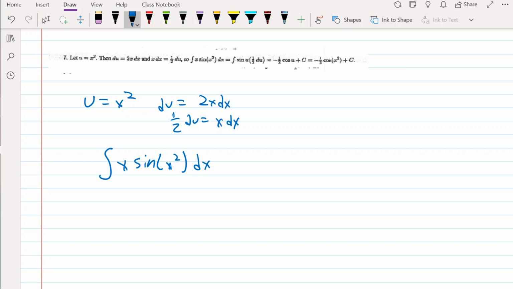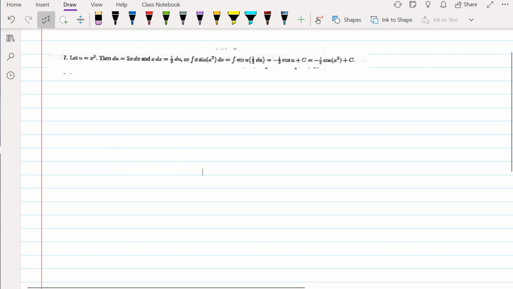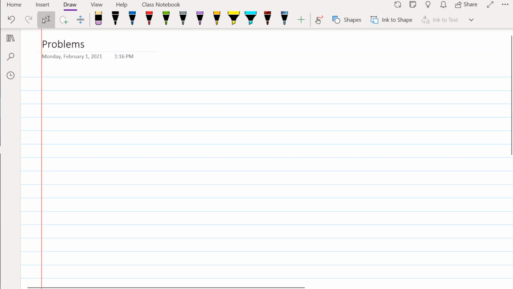Oh, these are the answers. Okay, let's erase that, since we don't need it. So we have the integral of x sine x squared dx.